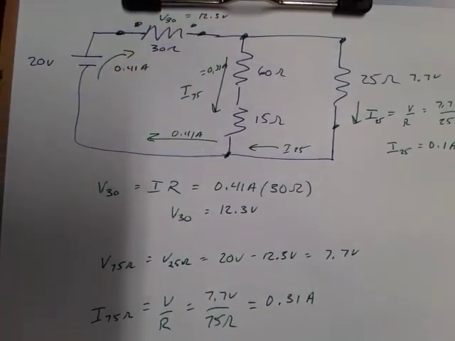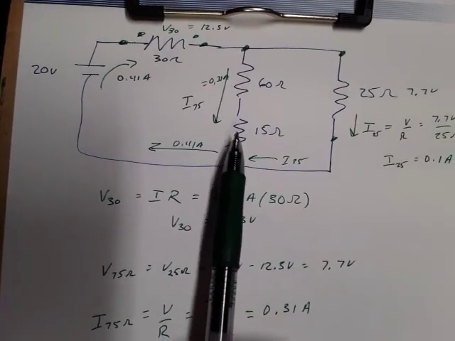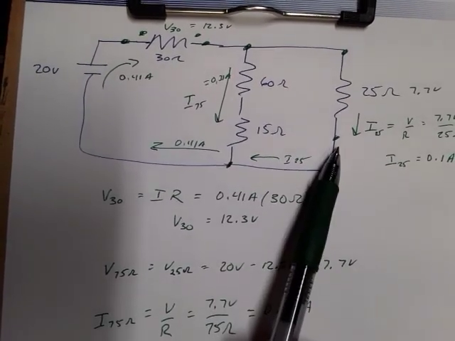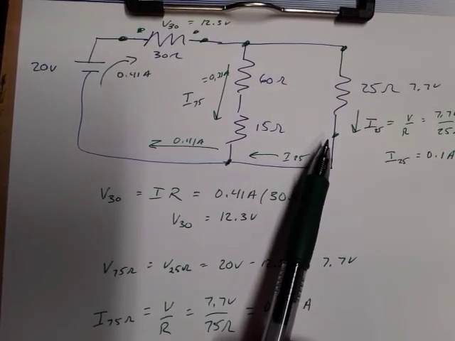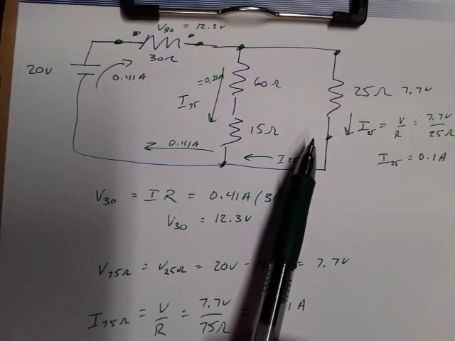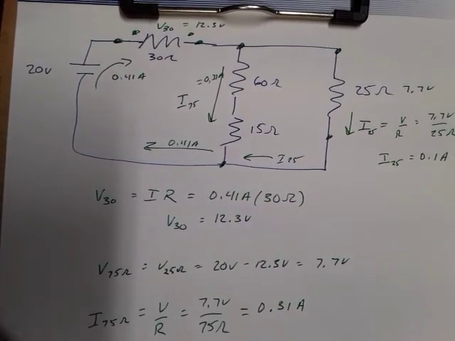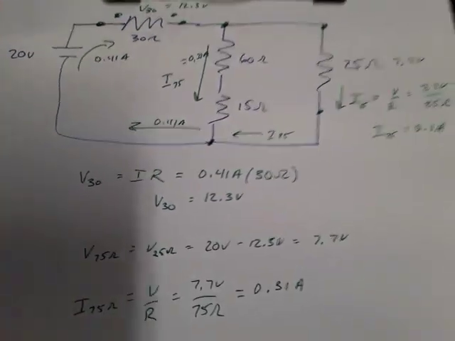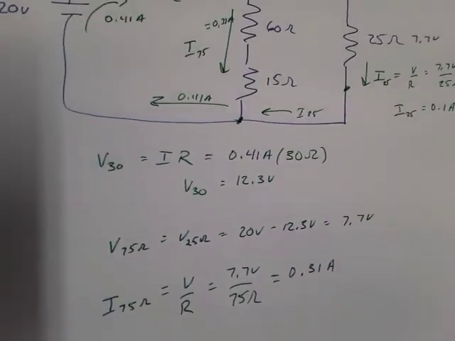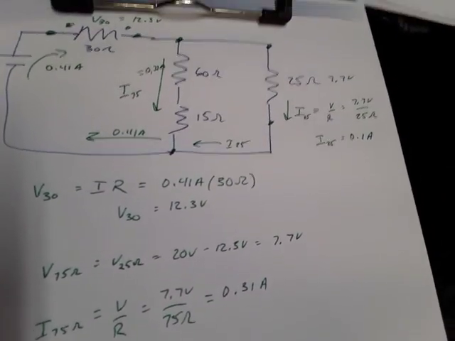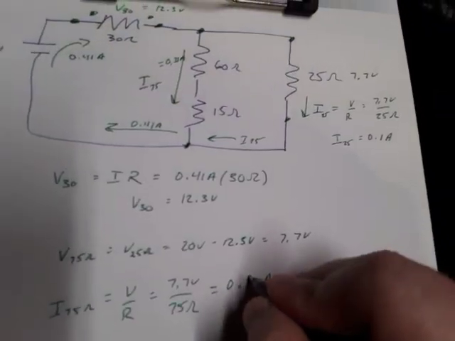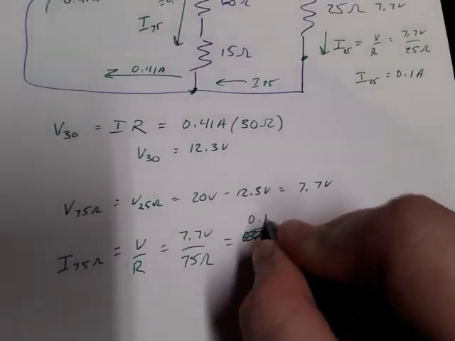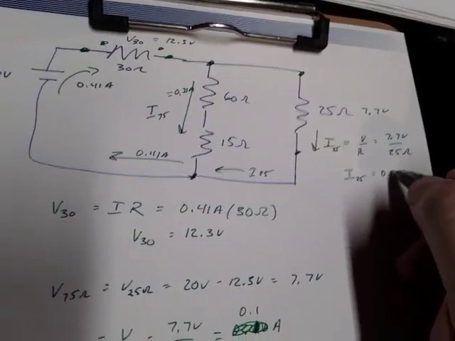That works. And that makes sense. This is 3 times more resistance than this is. Is that right? I've screwed this up. I'm sorry. This is 0.1. And this up here is 0.31.